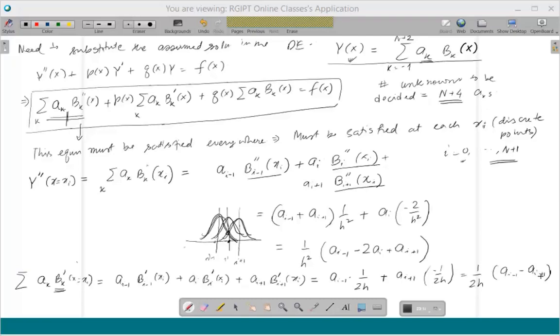Is that all right? So that is the second term within the summation sign. As I told you, the summation gets reduced: for each x equal to x_i, I'll have only three terms to consider in each summation, right? And that leads to a much simpler form at each x_i, right? So this is what you have here.